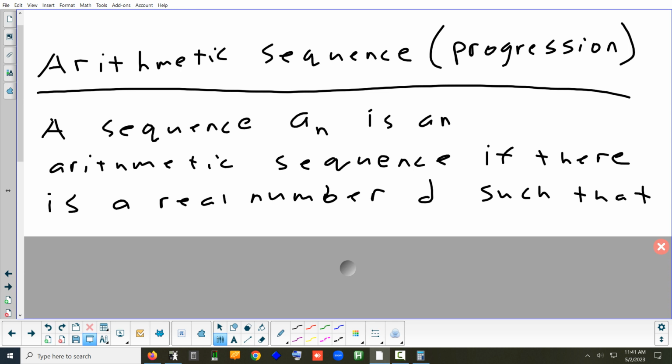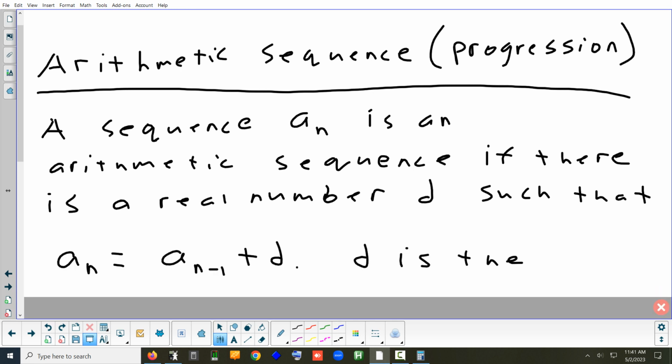An arithmetic sequence is a sequence where you add to get to the next term. And the idea is if you write it recursively, it would look like this. To get any particular term, take the one that came before it and add some value.